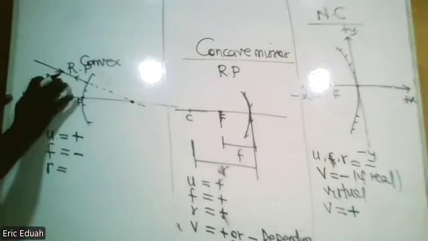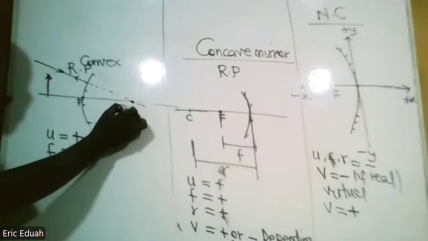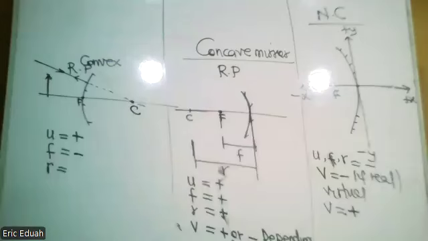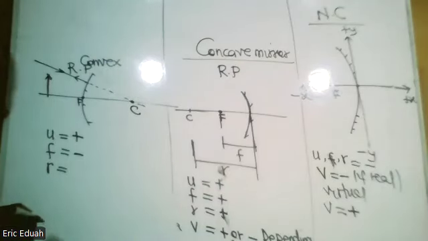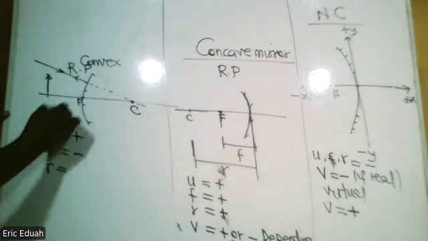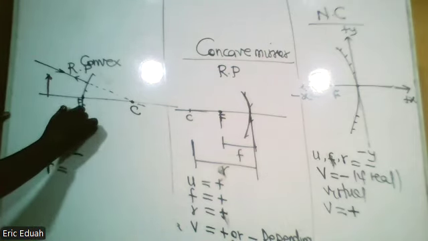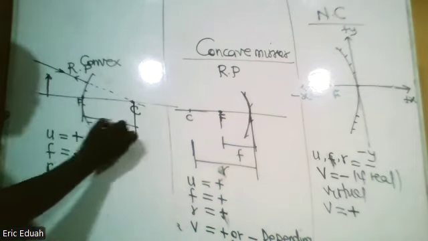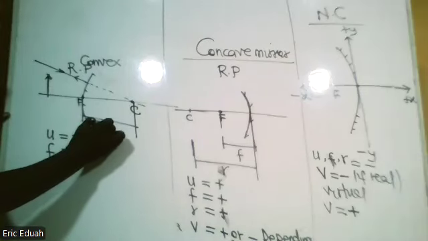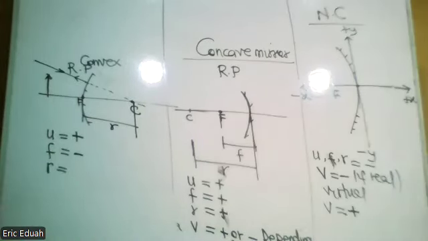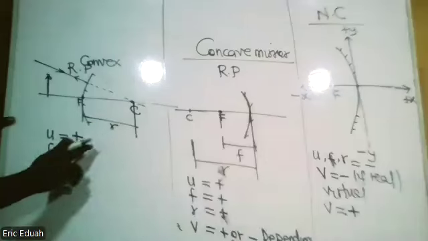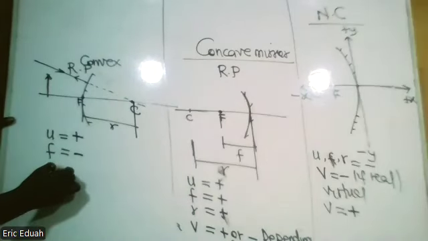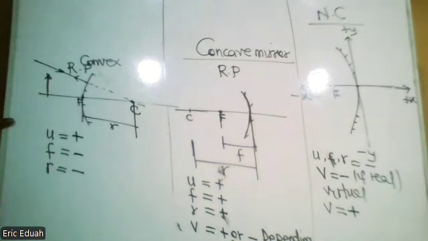So this one has a virtual center of curvature C. The principal focus, or focal point, is also virtual. So the distance from the pole to the center of curvature, which we are calling R, is virtual. It is the same as the principal focus. And because R occurs behind the mirror, R will be negative.